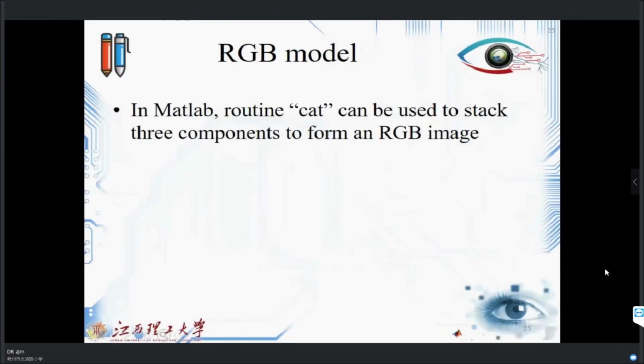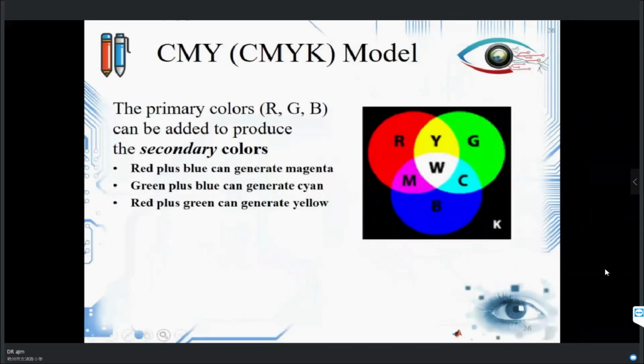The next model that we will talk about is the CMY or CMYK model. The primary colors of RGB can be added to produce secondary colors: red plus blue can generate magenta, green plus blue can generate cyan, and red and green can generate yellow, as represented in this color figure.